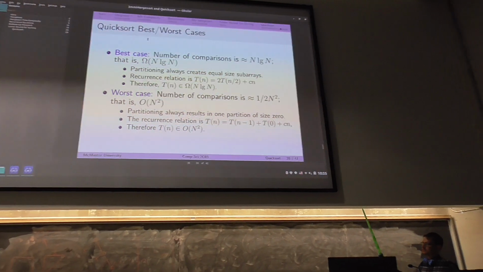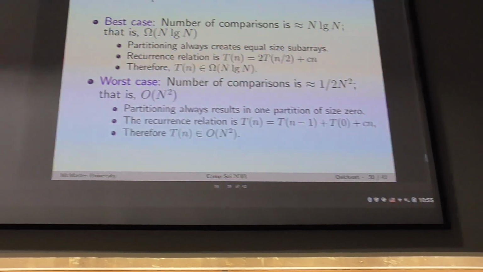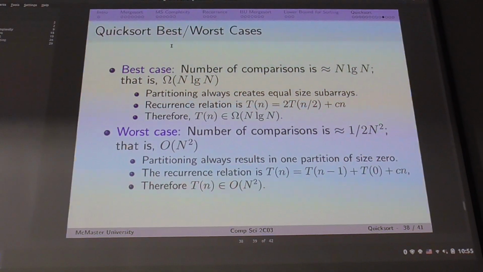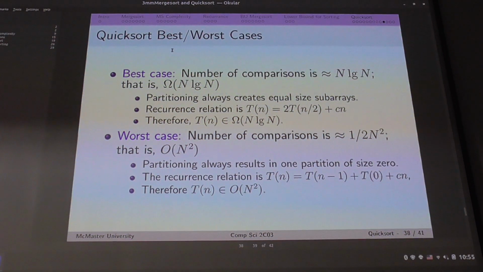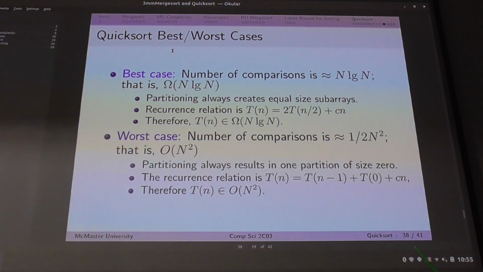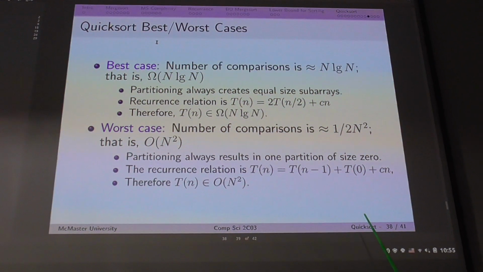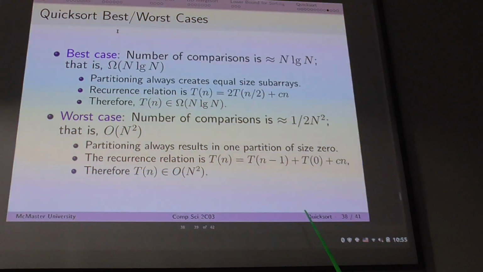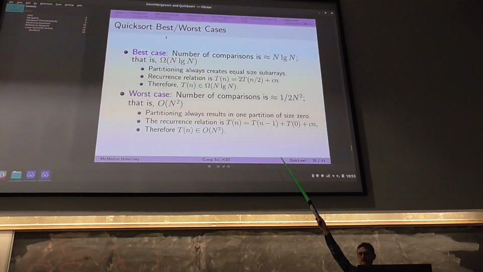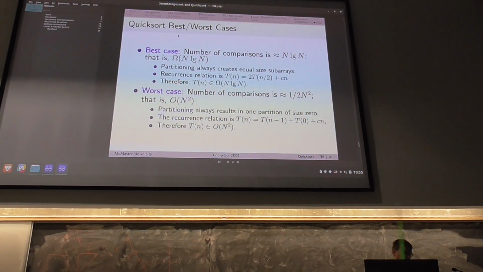Best and worst cases. The number of comparisons in the best case for quicksort is generally n log n. And remember, do you remember what the base is on that logarithm? It's 2. Yes, thank you.